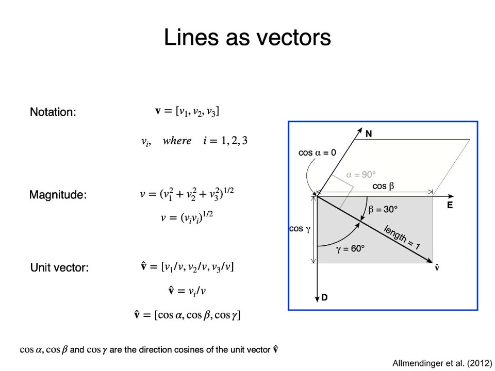Notice that since the line makes an angle of 90 degrees with respect to north, the direction cosine with respect to that axis, cosine alpha, is 0. The direction cosine with respect to east, cosine beta, is the cosine of the plunge of the line, and the direction cosine with respect to down, cosine gamma, is the cosine of 90 minus plunge.